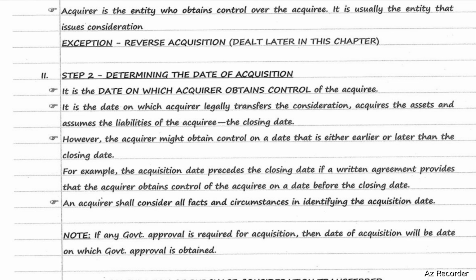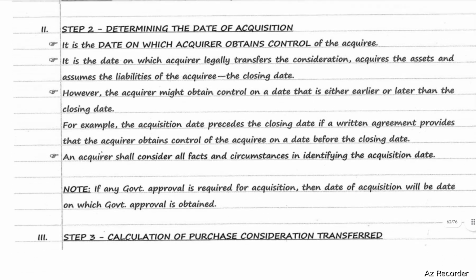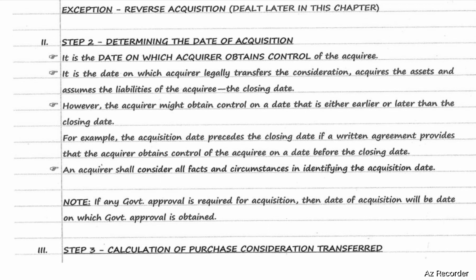An acquirer shall consider all facts and circumstances in identifying the acquisition date. For example, if any government approval is required for acquisition, then the date of acquisition will be the date on which government approval is obtained.